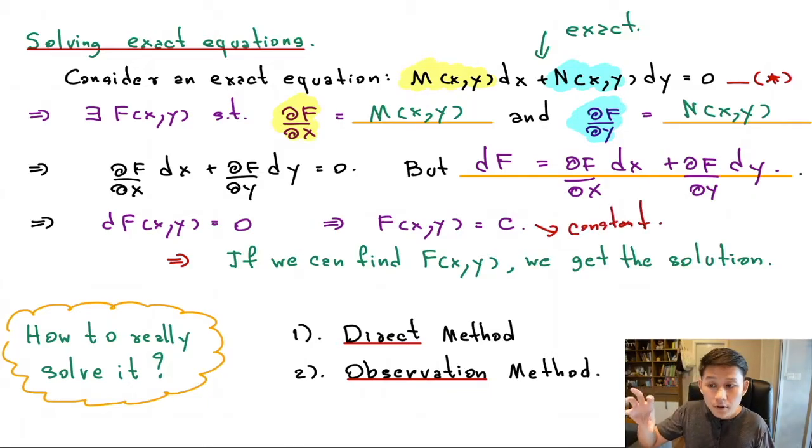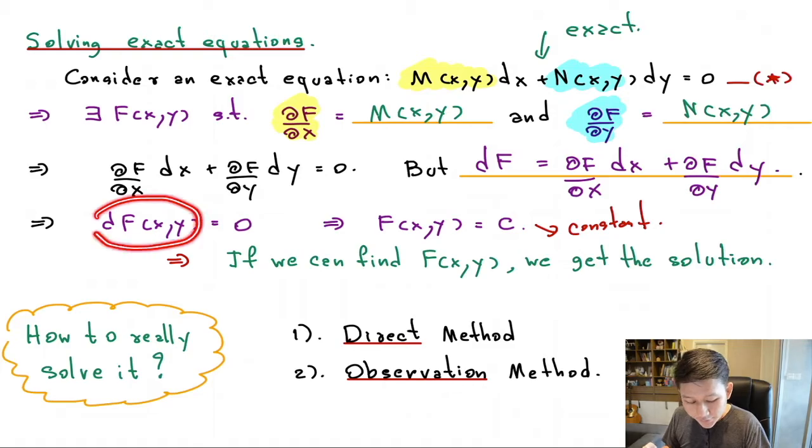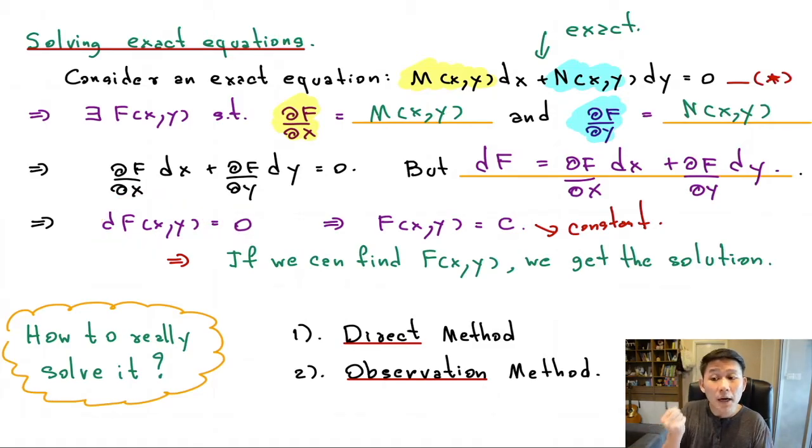So if the derivative, the differential of f, is 0, it means that f must be a constant. Otherwise, it can't be 0. Make sense?